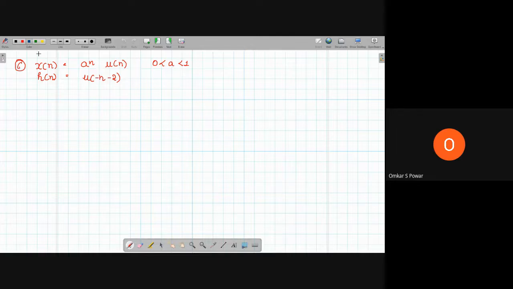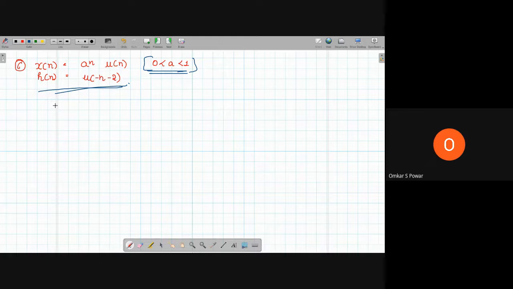Okay, so x of n is equal to a power of n u of n, where a lies between 0 and 1. And h of n is equal to u of minus n minus 2. So the same thing you have to follow here. I will give you some intuition and then you can solve, because if I solve everything it will not be good.